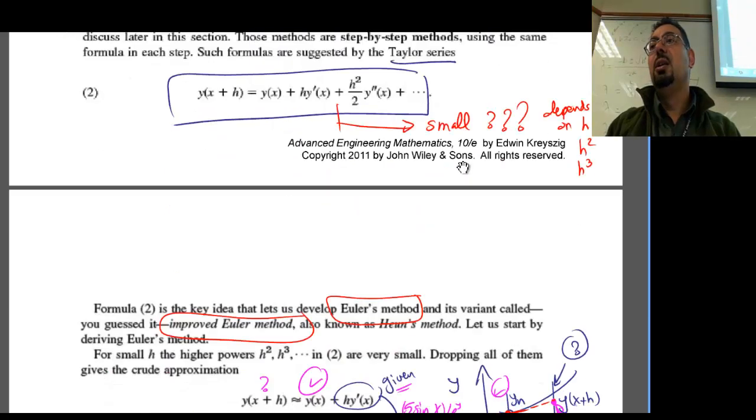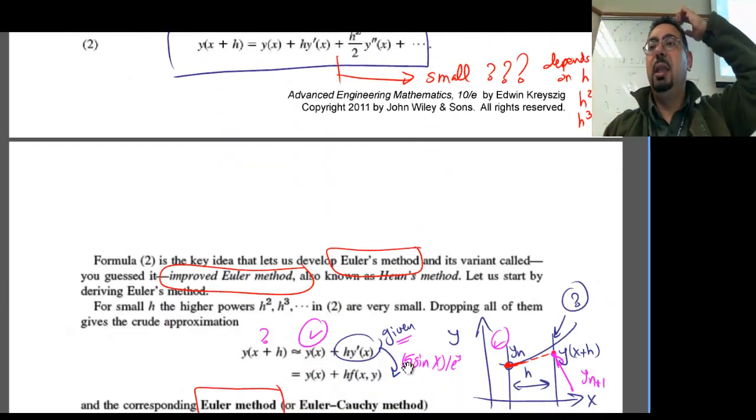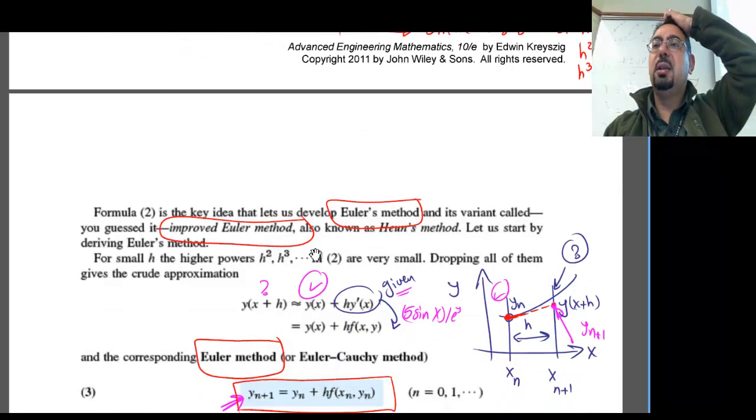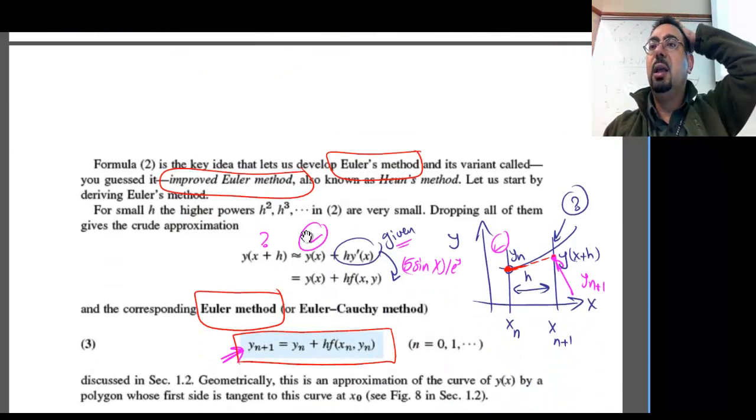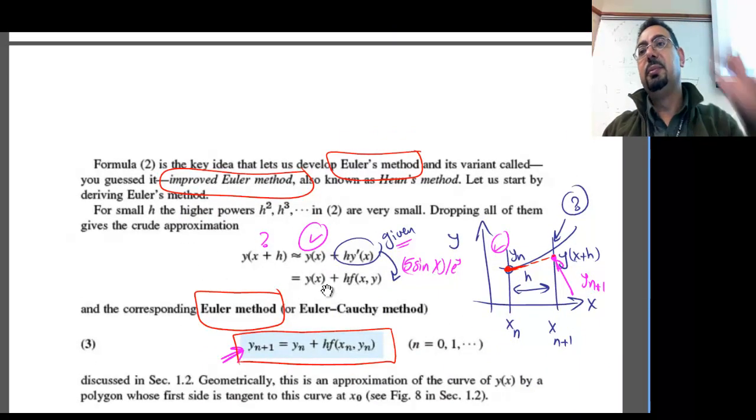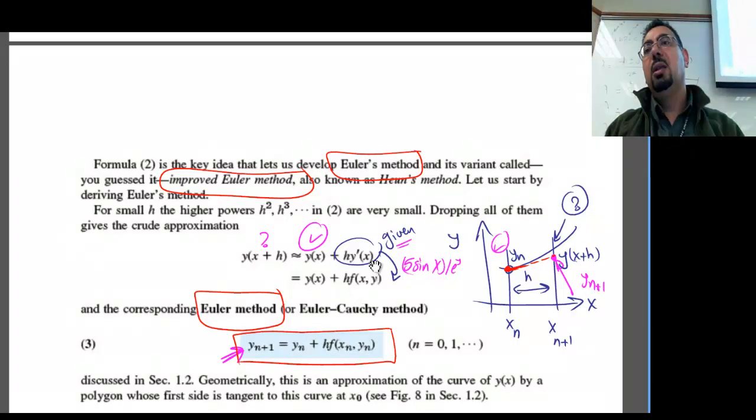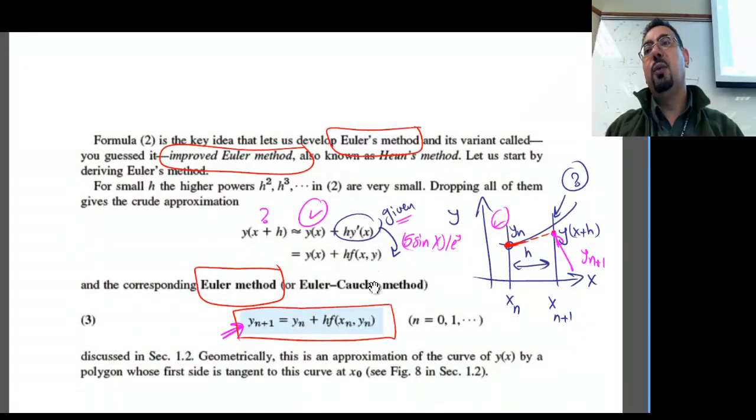Alright? So again, here he basically just chopped this and he called it truncation error, and now here is the formula. So the formula is basically that y(x plus h) is y(x) plus h times y prime of x. What is the y prime of x?